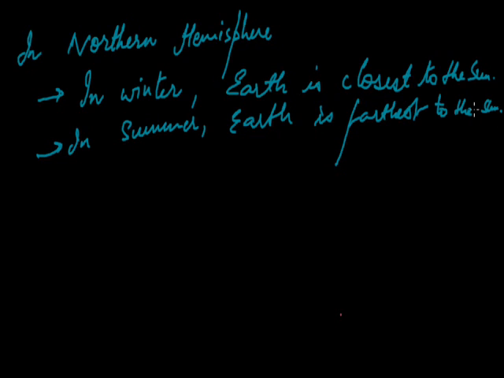While in the southern hemisphere we can take it just the opposite way. In summer the Earth is closest to the sun, and in winter it's farther from the sun.